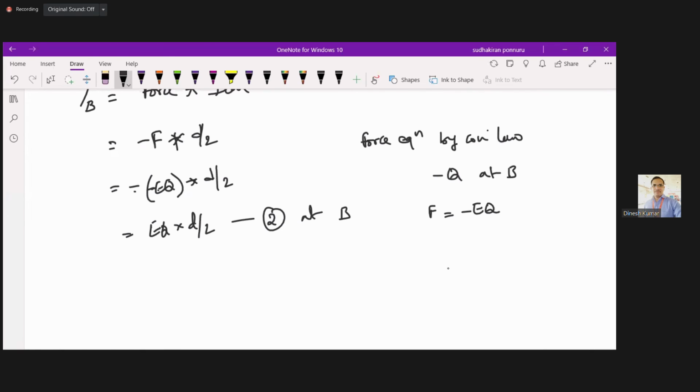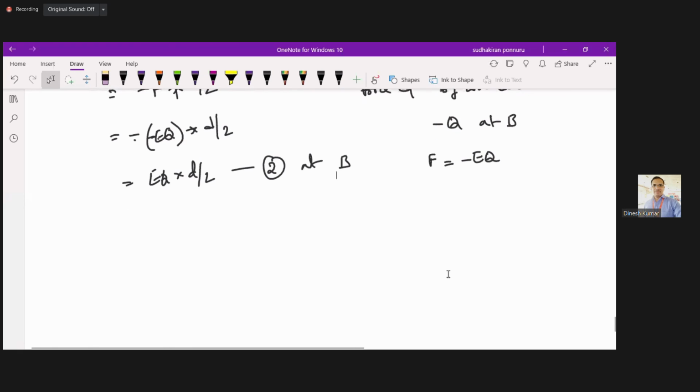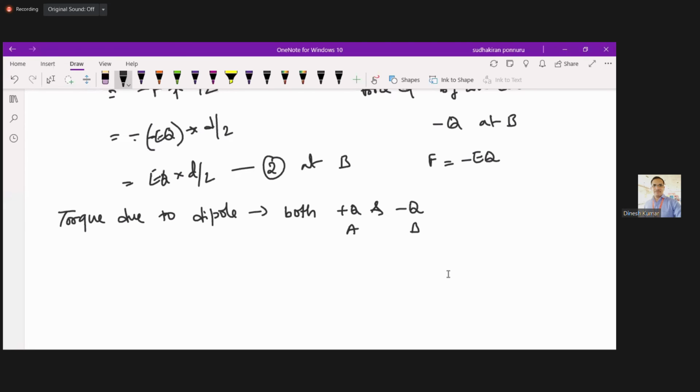Okay, so now if you want the torque due to dipole. Dipole means both plus Q and minus Q, that is A and B. So therefore torque due to dipole T will be equal to what? TA plus TB.